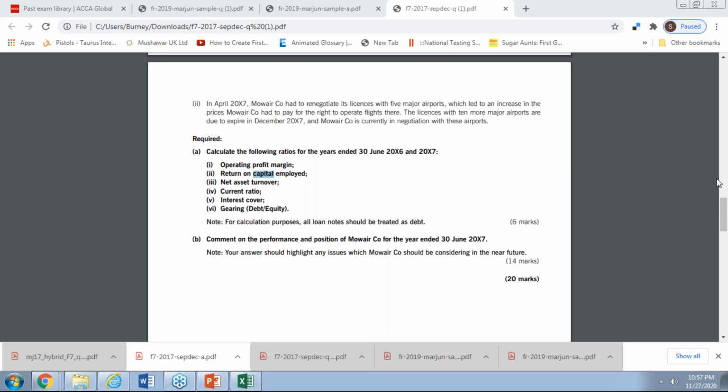I was just saying that the company is largely financed by loans instead of equity. So the company has to do something in order to improve the equity and reduce its loan.